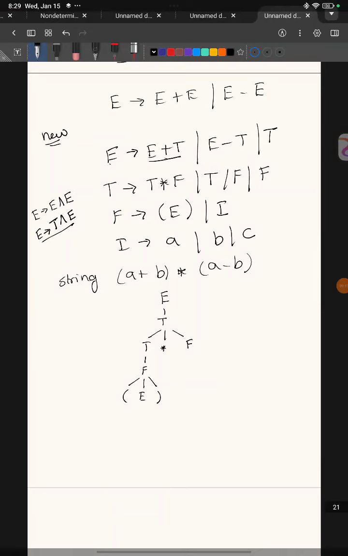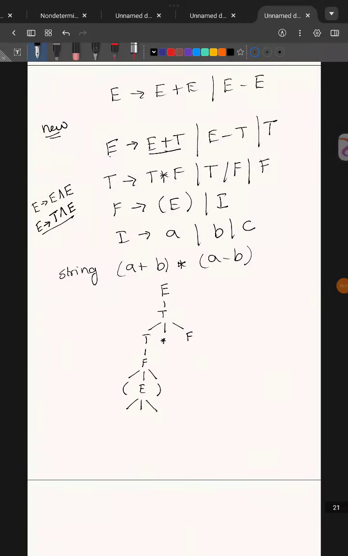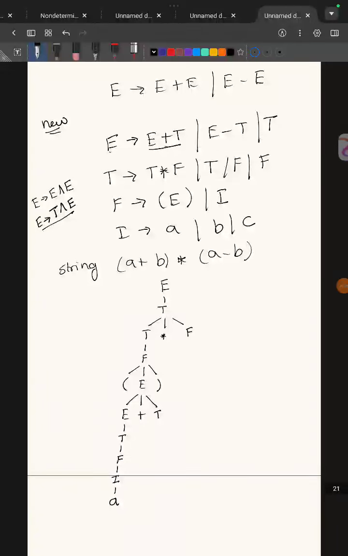Now E can derive E plus T. E derives T, T derives F, F derives I, and I can have a. Similarly here T will derive F, F derives I derives b. Over this part F can derive open brace E closed brace.